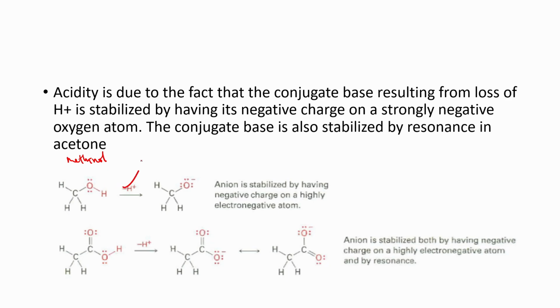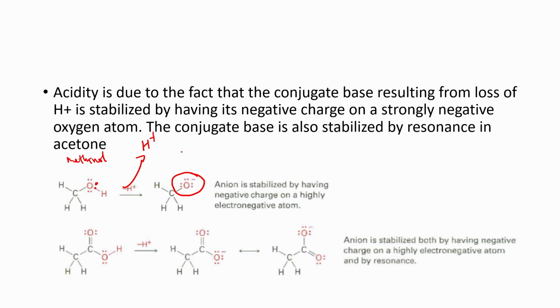If hydrogen leaves, what would remain is an electron pair. And that electron pair will remain on the electronegative oxygen atom. And this structure is stabilized because the negative charge is on the electronegative element. So that is why it can act as an acid.